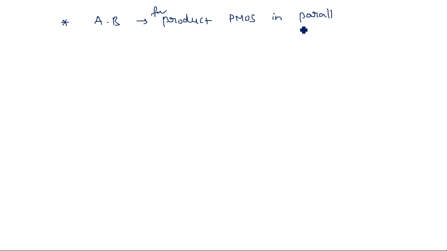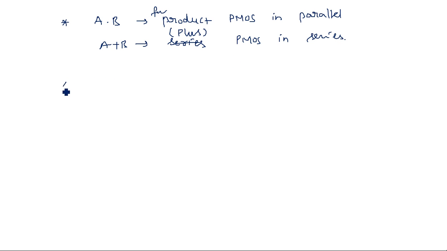For product, PMOS in parallel. And for plus, the A plus B operation, the PMOS transistors must be connected in series.